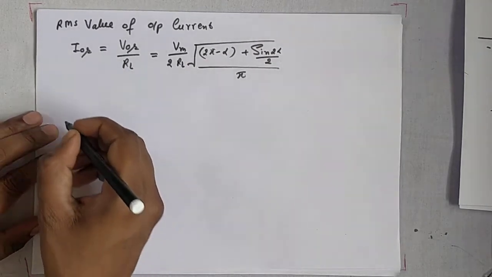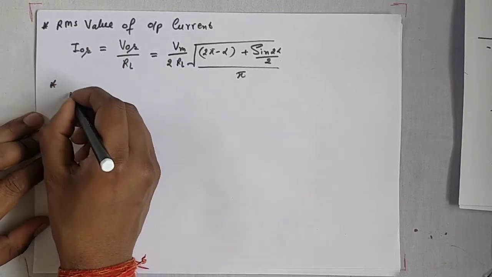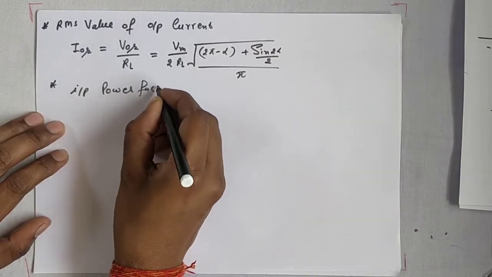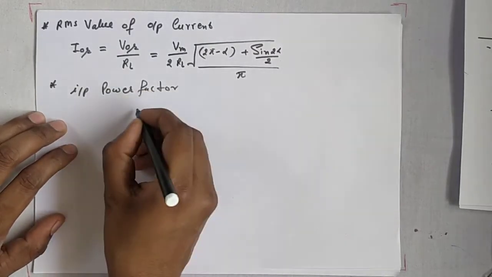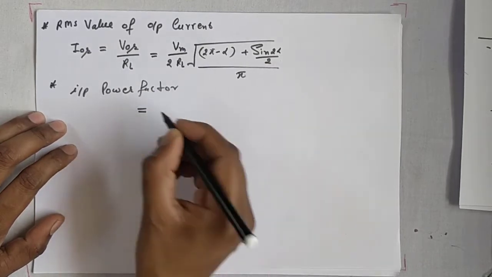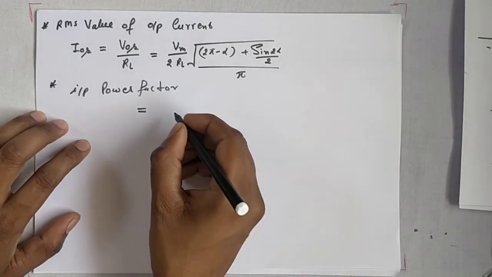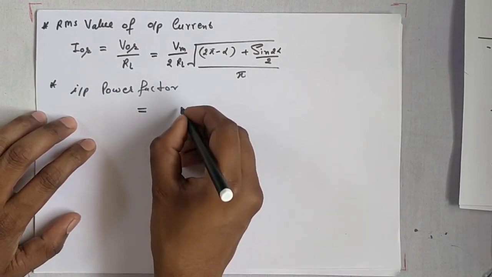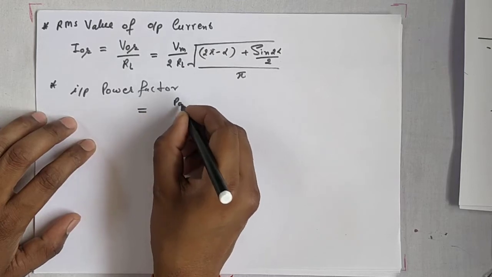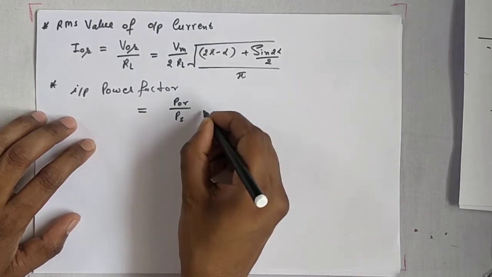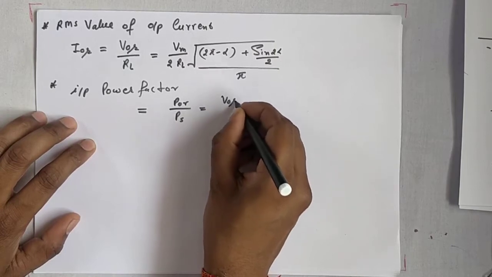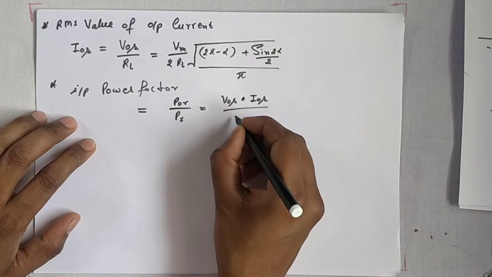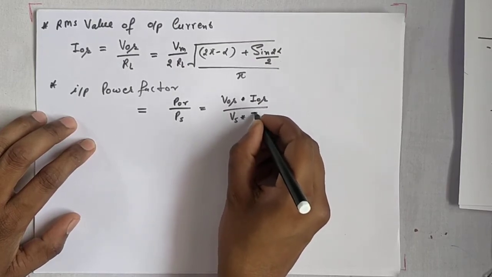Now input power factor. Input power factor will be power delivered to load divided by input VA, means POR divided by PS. POR is VOR into IOR divided by VS into IS.